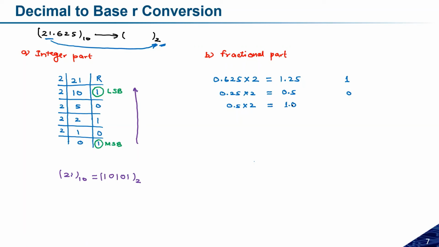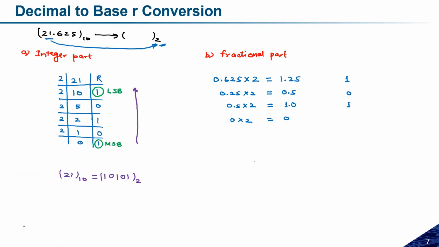Because there is no fractional part left, we finish, since the next one, 0 into 2, is 0 itself, so there is no meaning in continuing. Here we do not have any integer part, so we write it like this.